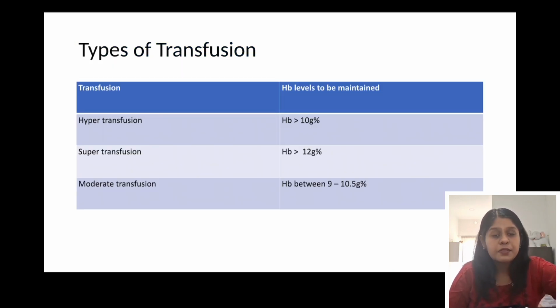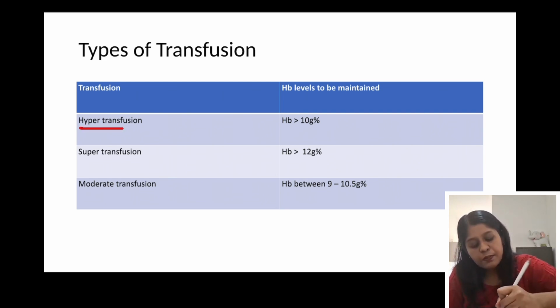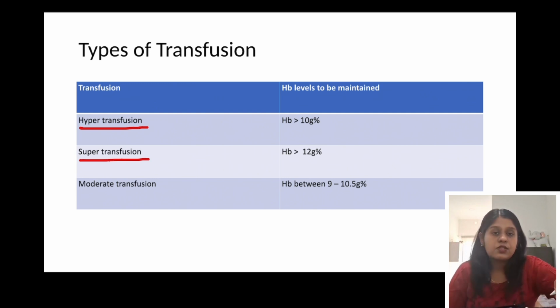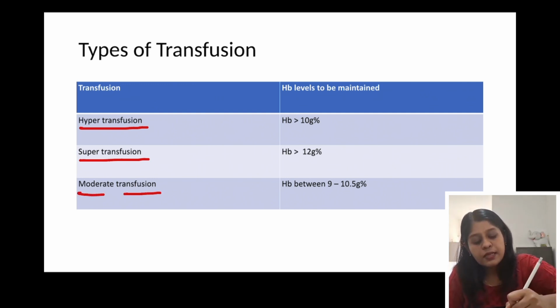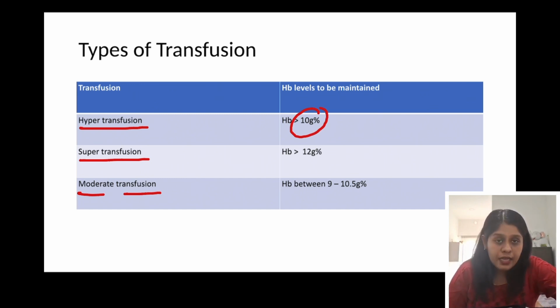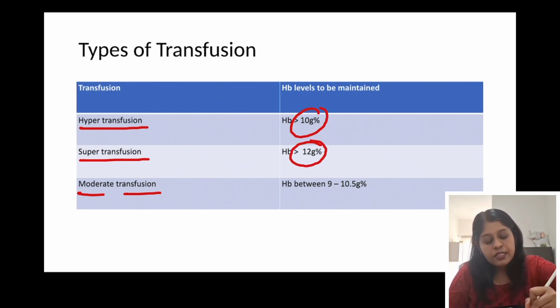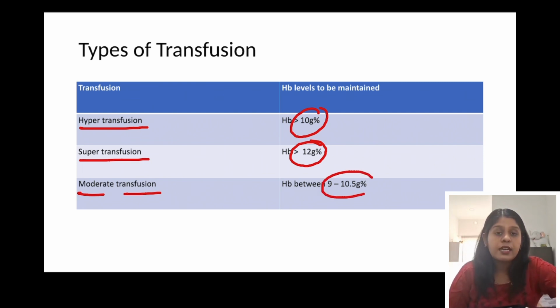So what are the types of transfusion that are available in beta thalassemia management? We have hypertransfusion, supertransfusion and moderate transfusion. We call it hypertransfusion when the Hb level to be maintained is 10, supertransfusion is 12, and if it is 9 to 10 it is moderate transfusion.